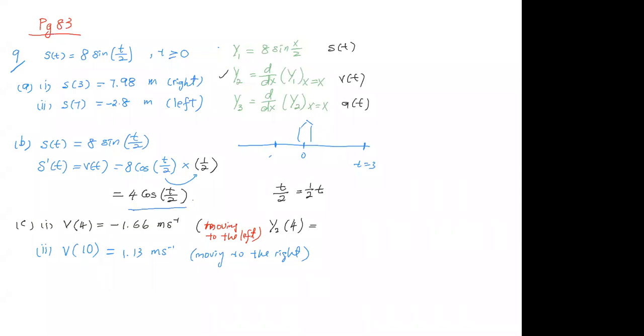Speed is maximum, so what must you do? VT equals 0. So draw a sign diagram. Sign diagram of what? VT. Wait, you draw a sign diagram of VT, it can't help you because I want speed is maximum, which means velocity is maximum.